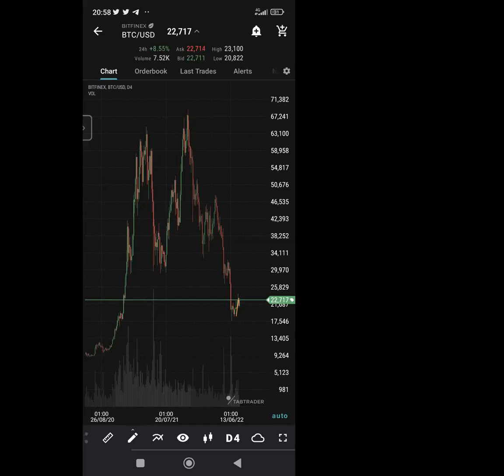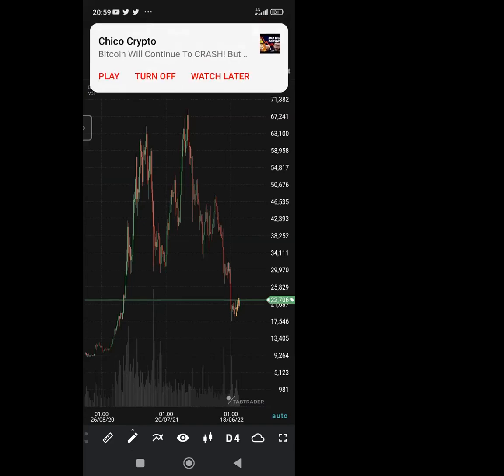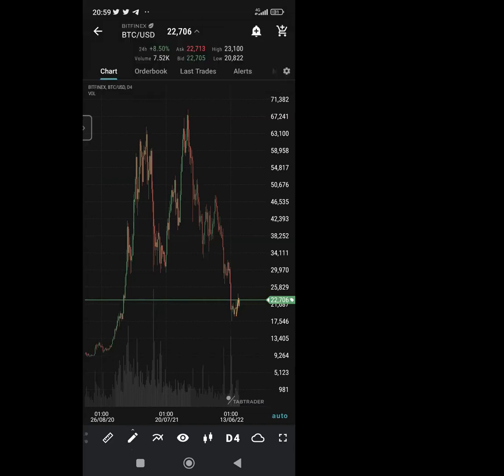You are observing whether there are enough buyers to push the price upward, or the market sentiment is saying downward. You are trying to get information from this chart so that you can make your decision.